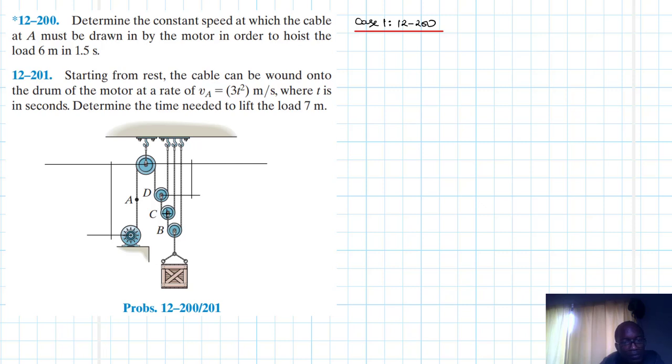Then for C, somewhere there, then B, somewhere there. Alright, so like we said, this is our datum or reference.